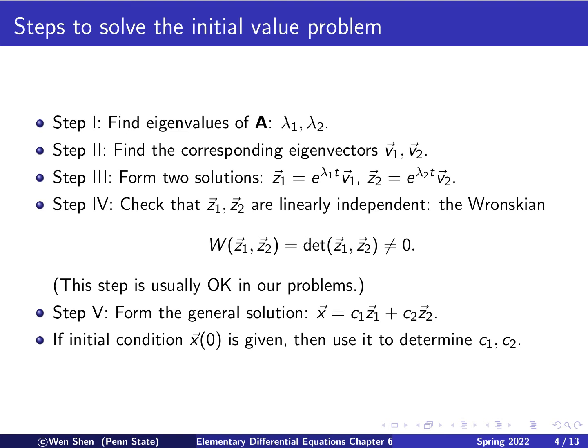Okay, so this is a general guideline recipe, and there are different details that will make your actual calculation very different. The important property that will determine how your solution looks is the eigenvalues: if they are real or complex, if they are distinct or repeated.